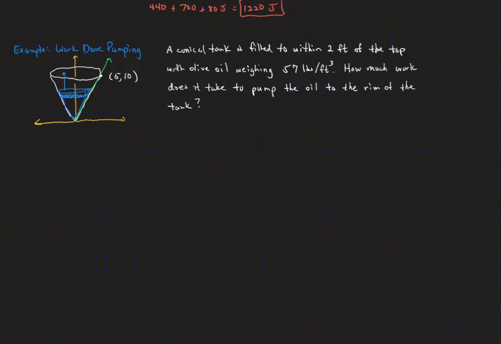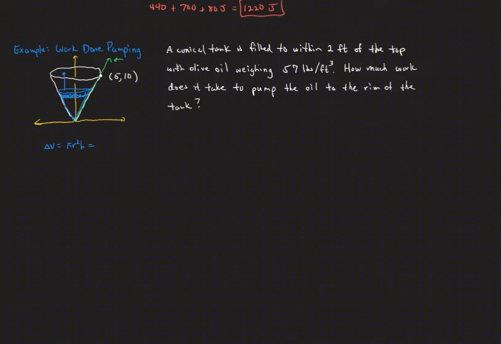So let's talk about that first, that delta volume. The volume of that slice of olive oil is going to be pi r squared h, because we're going to think of that as being a mini cylinder of water there. We need to label this line right here.